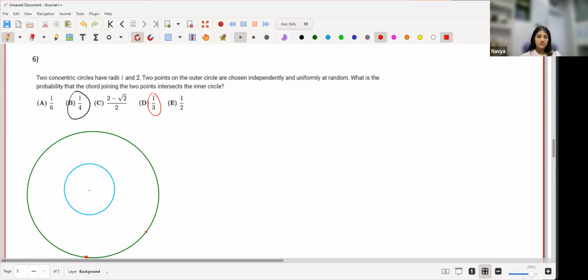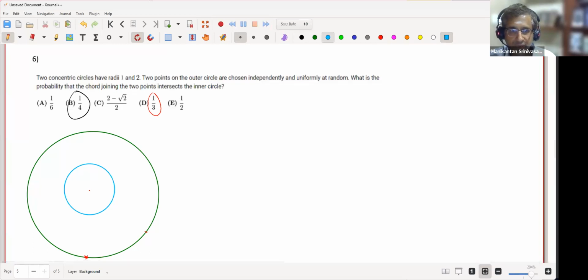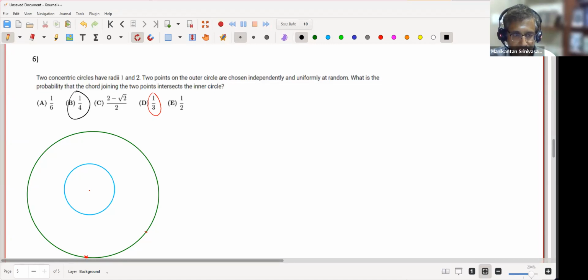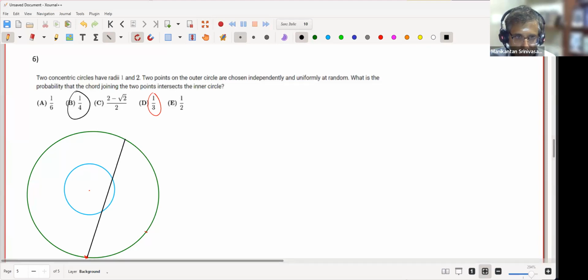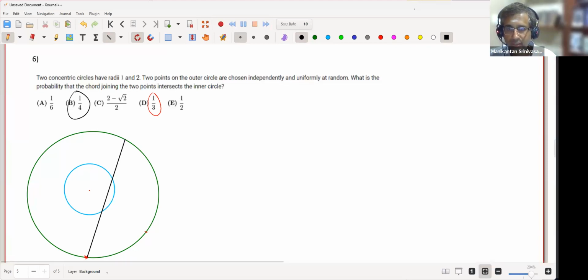Okay, fine. Now, what he wants, what is the probability that the chord joining the 2 points intersects the circle? So which means he's okay with a line which is passing like this, right? Which cuts through like this. Okay. So this will be an okay line, and the line which will not be okay will be something outside of this, right?